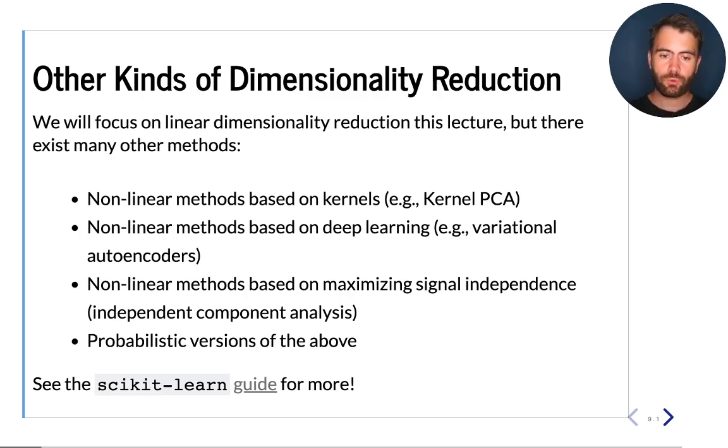If you want to learn more about dimensionality reduction, a good start is the Scikit-learn guide that describes several of these models. So next, we are going to look at a few particular types of dimensionality reduction algorithms that are particularly popular and important.